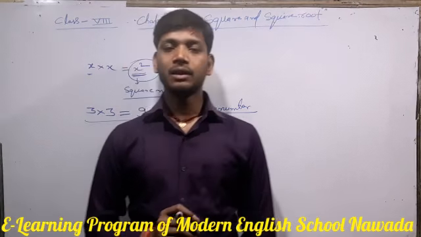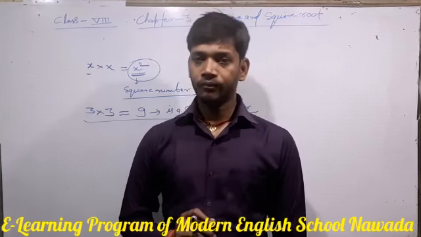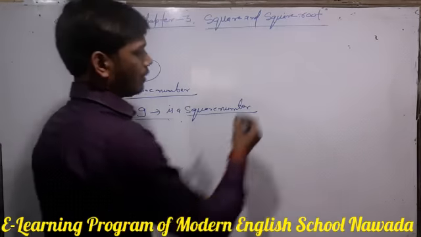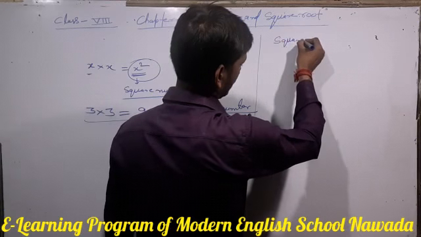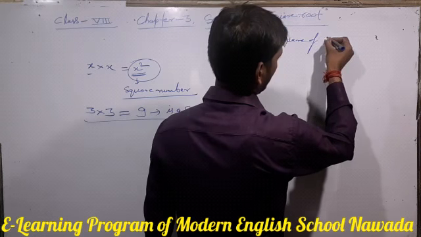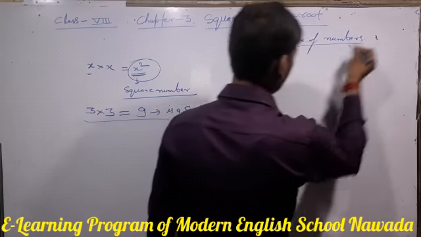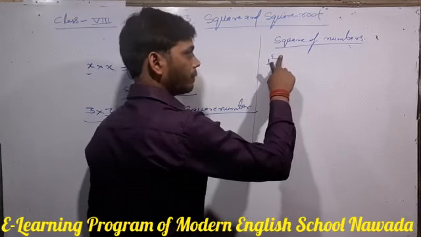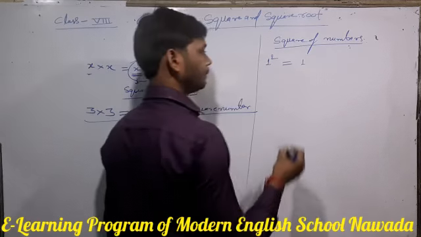Here we write squares of 1 to 30. First, square of 1. 1 square means 1 into 1 and its value is 1.